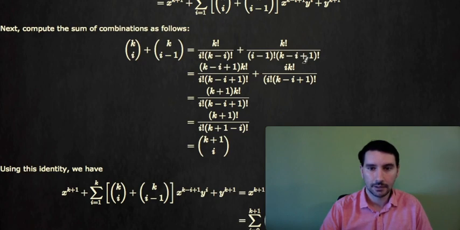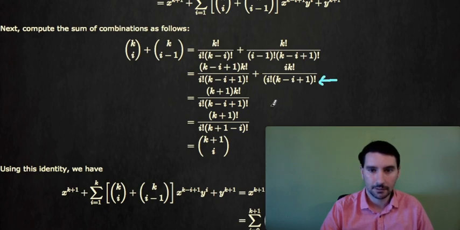We can get a common denominator by multiplying the left-hand term by k minus I plus 1, since this one goes all the way up to k minus I plus 1, and this one only stops at k minus I. And the right-hand side, this one only goes to I minus 1, but the left one goes to I, so we can multiply by I, and that will give us k minus I plus 1 times k factorial over I factorial k minus I plus 1 factorial, plus I times k factorial over I factorial k minus I plus 1 factorial.